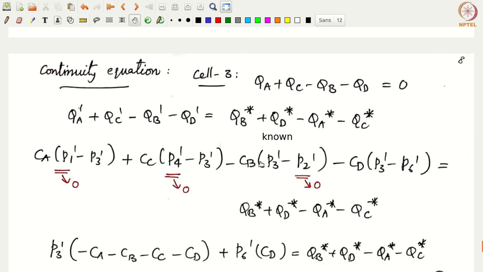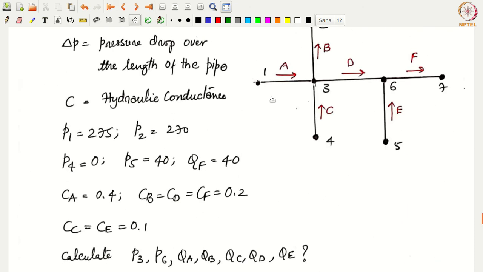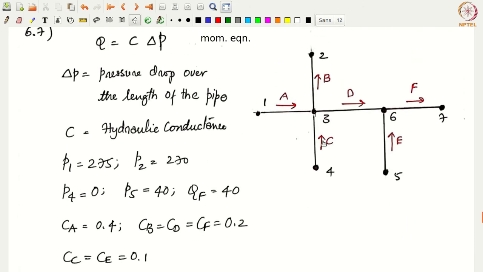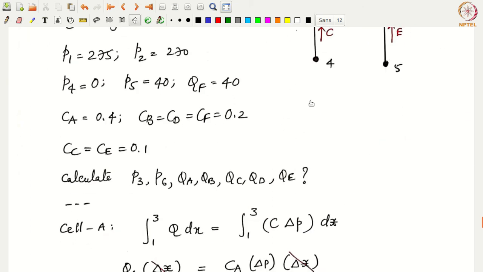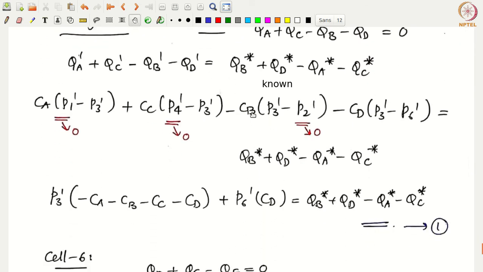Now we also realize that because the pressure values are given at locations 1, 2, 4 and 5, the P primes at these locations are 0. We don't need to do any pressure correction there, so the pressure correction is 0. As a result, P1 prime is 0, P4 prime is 0, and P2 prime is also 0, and these two are not 0.